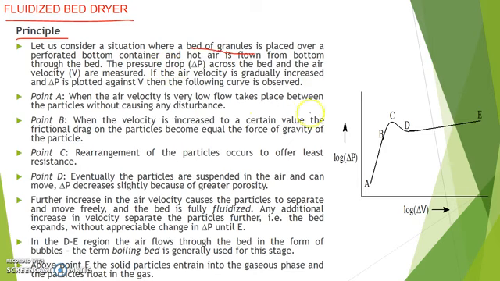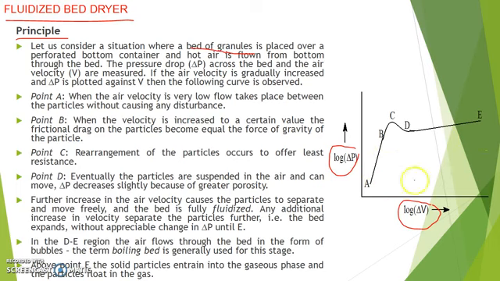The pressure drop, log delta P, across the bed, and the air velocity v are measured. If the velocity is gradually increased, we will get a curve. When we plot a curve between log v versus log delta P, and the velocity is gradually increased, we will obtain a curve like this.